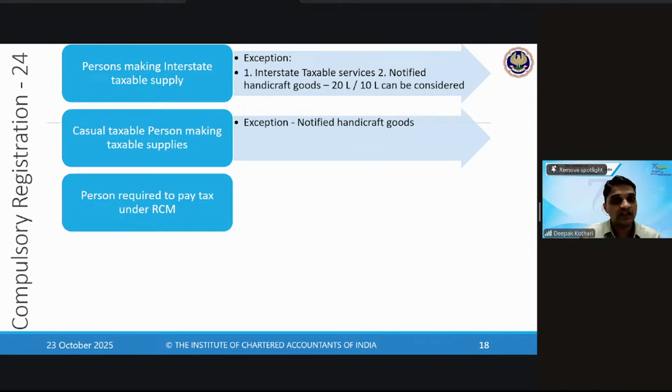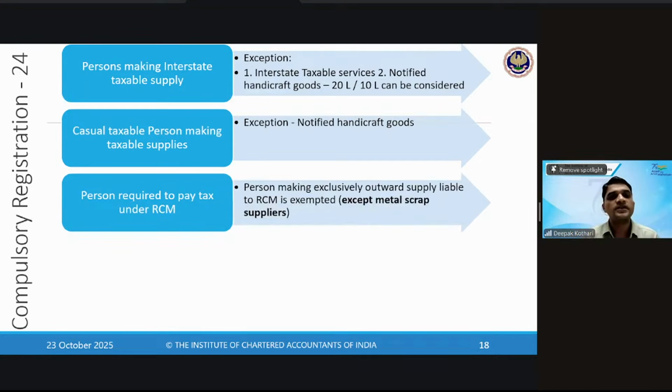So if you have to pay tax under reverse charge, then you will fall under registration. And it is not that you will pay only reverse charge; once you are registered, you will pay GST on all your supplies. So there is no separate registration for RCM and separate registration for forward charge. It is one registration. If RCM liability comes upon you, you have to register and pay it.